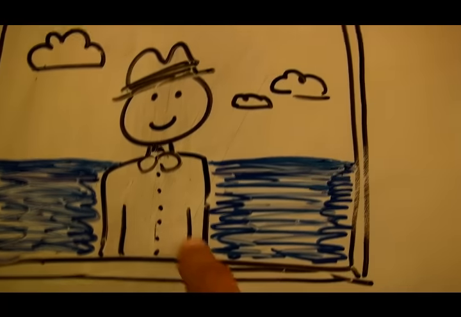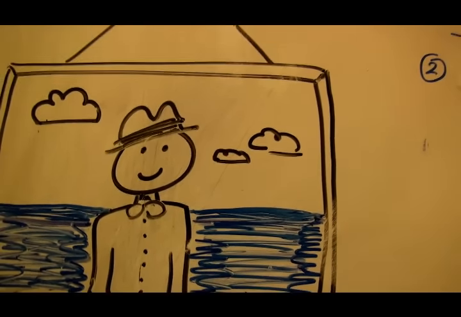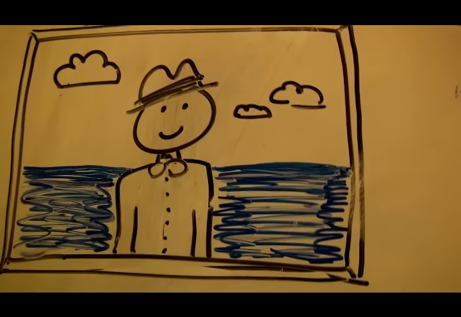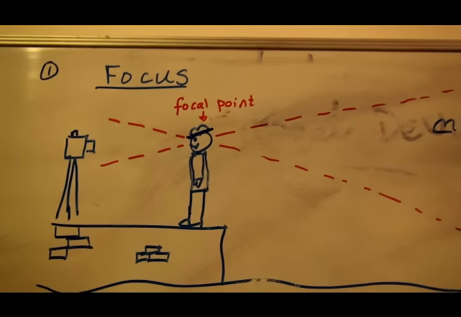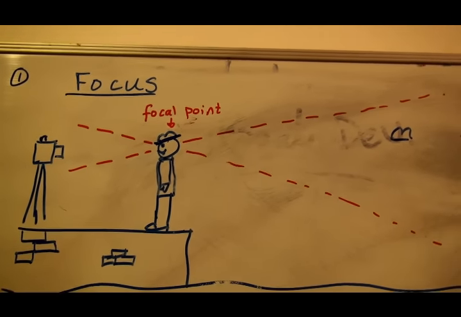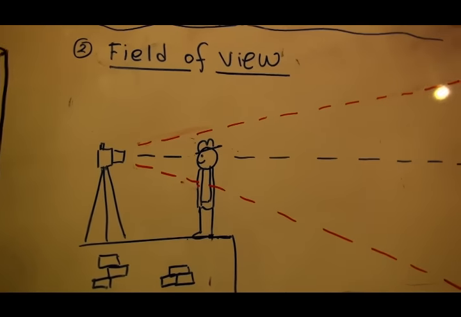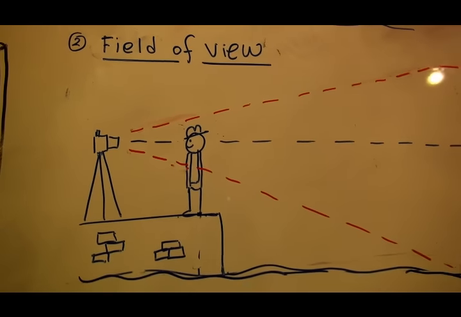You see, we're not seeing what's below Charlie. We're just seeing what's directly behind him, as it were. Okay, so that's our focus. All right, we've got a cone that comes to a point and then expands out again as the focus becomes less. All right, so now onto the field of view.